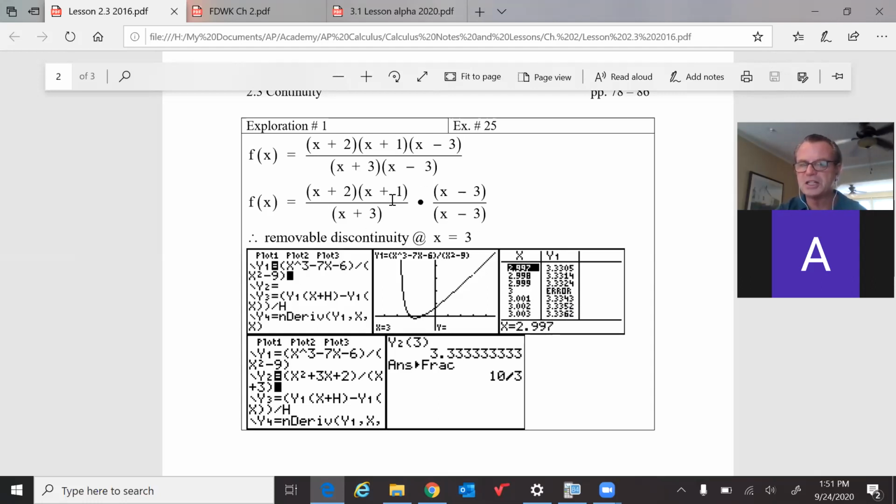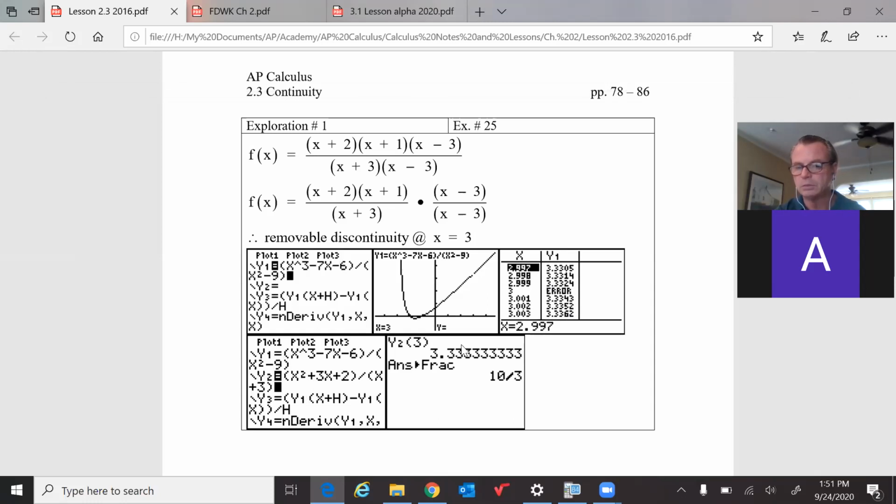So I took just this part without this factor of 1, put it in y2, and said, what does 3 give me? It gives you 3.3 repeating. It gives you 10/3. So 10/3 is the height of the hole. That's removable discontinuity. Okay?